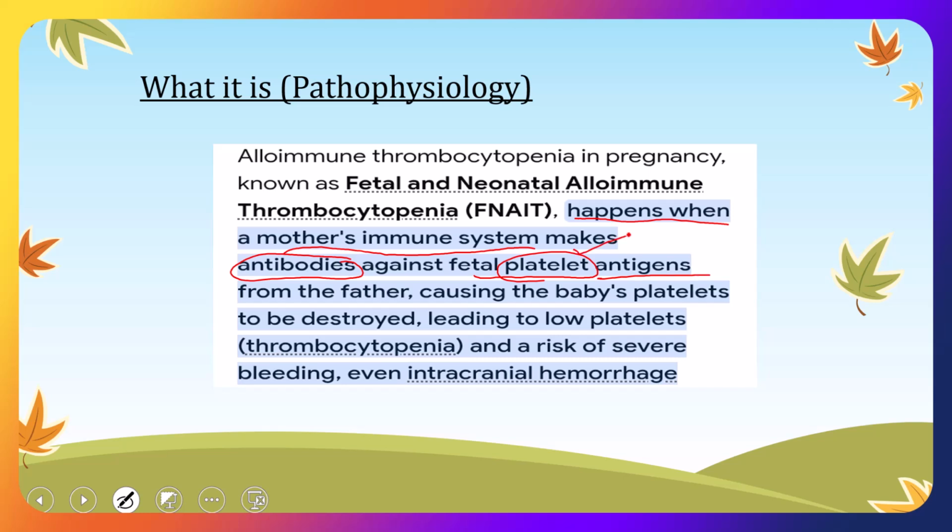Please note, here the mother's immune system is attacking the fetal platelet antigens, which the fetus has inherited from the father, causing the baby's platelets to be destroyed by the maternal antibodies and leading to a low platelet count, that is thrombocytopenia in the fetus and or newborn, and a risk of severe bleeding. Even intracranial hemorrhage can occur in the fetus and baby as well.